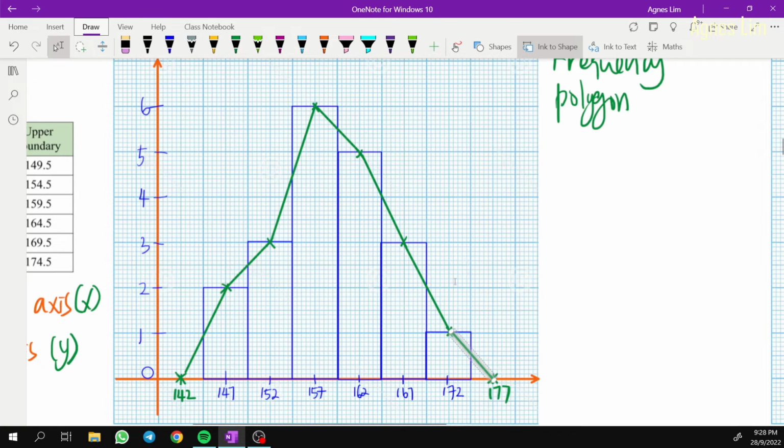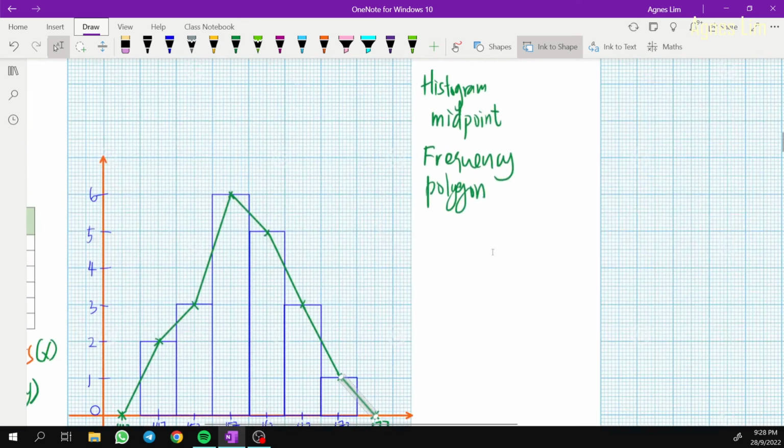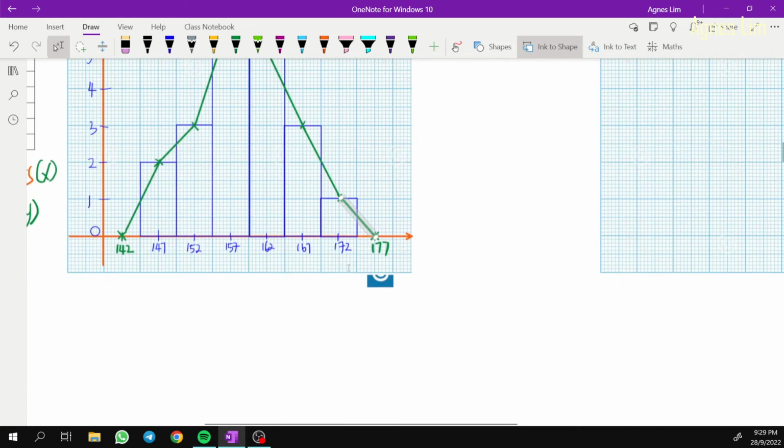The green color line. Okay, so that will be how we draw a frequency polygon on top of a histogram, or in the same graph as a histogram. That will be the keyword for this one, frequency polygon.